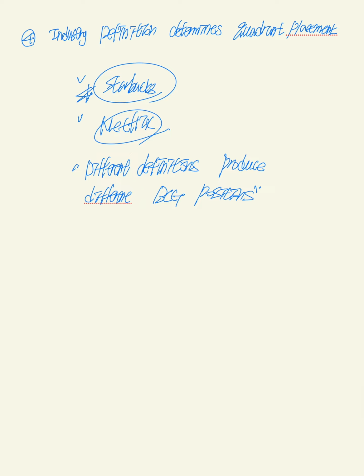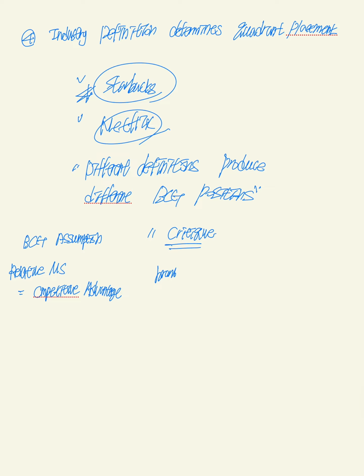I would like to make a summary for you. Here are the assumptions. BCG assumes that relative market share is competitive advantage, but the academic critique is that it ignores brand, data, network effects, talent, and culture as advantage sources.